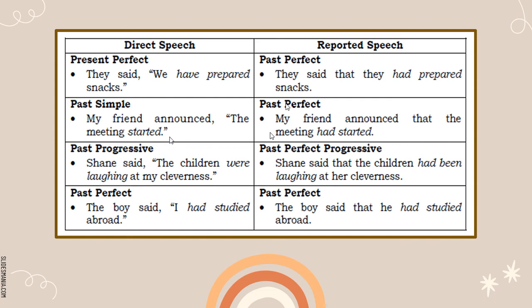There will be no change. Okay? If you are going to change a direct speech, which is in past perfect, going to reported speech, there will be no change in terms of the tense of the verb. That is why from had studied going to had studied, from the past perfect going to past perfect, still the same. Okay?